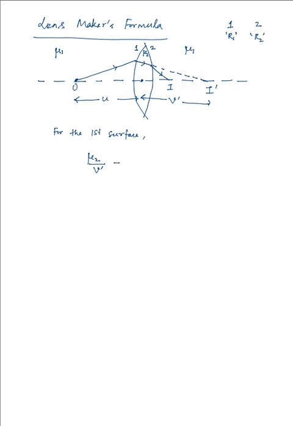So mu2 over v dash minus mu1 over u equals mu2 minus mu1 over r1, where r1 is the radius of curvature of the first surface. So all of the equation that we are observing right now is the refraction for the first surface.